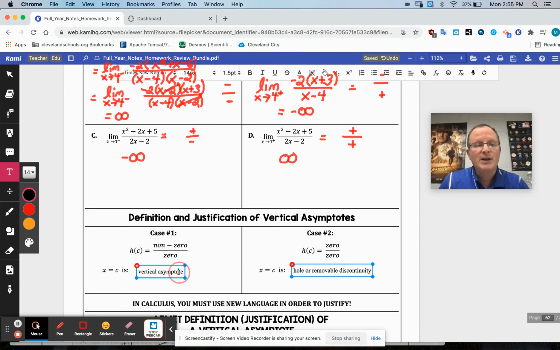So over here, I can make a little change and say vertical asymptote, infinite limit, or non-removable discontinuity.